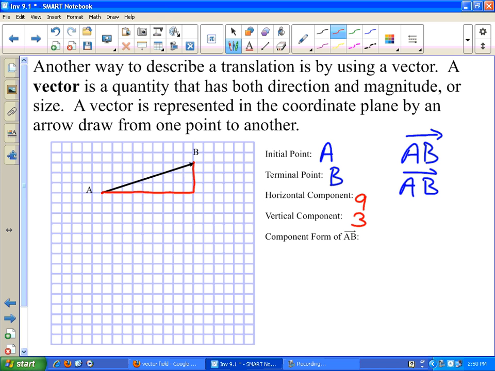So if we were to write a component form of vector AB, it is going to be angle bracket, normal parenthesis will not work, I'll count it wrong, 9, 3, angle bracket. Angle brackets represent a vector. That's just what we have accepted. Kind of like the straight railroad tracks is absolute value. It's just what it is. Absolute value is just a bar on each side.